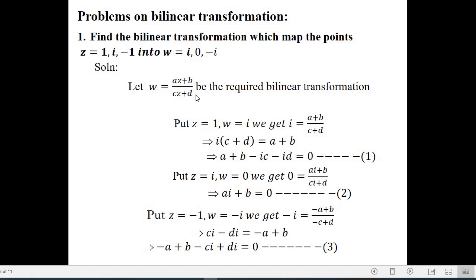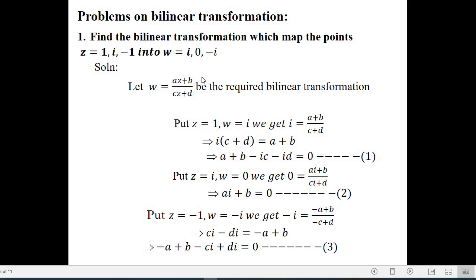Now we substitute the points in this bilinear transformation. What is the value of z? z equal to 1. Correspondingly, the value of w is i. So in this bilinear transformation we put z equal to 1 and w equal to i.